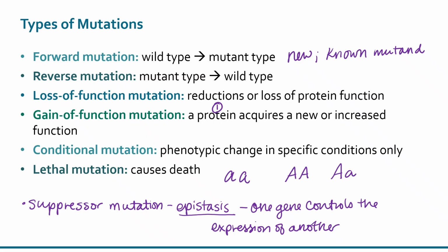And so in a suppressor mutation that is showing epistasis, this is where a mutation at one gene is covered up by a mutation at a second gene. And so instead of seeing the first mutation, you see the wild type because of the second mutation. I'll show you an example.